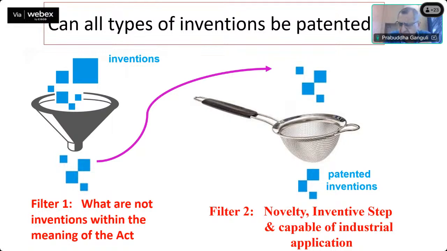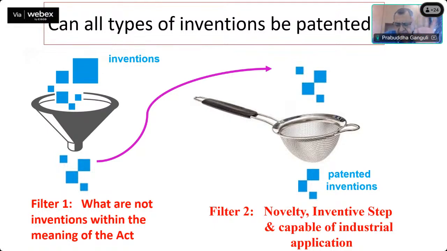If any one of these do not satisfy the criteria of either novelty or inventive step or capable of industrial application, then even though your invention has survived the filter 1, it will get stuck in filter 2, and you will not get a patent for your invention.